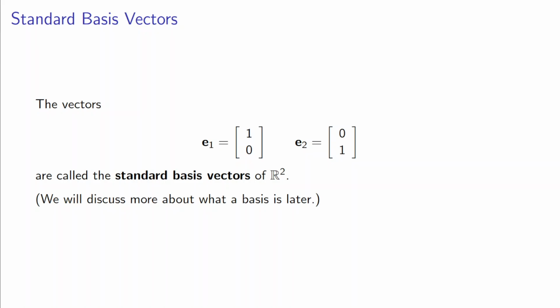This idea of a basis is an important one in our class, but not one that we'll talk about for a little bit, so keep that idea in mind. But for now, when we say vector E1 in R2, that's going to be the vector (1, 0), and the vector (0, 1) in R2 is this E2 vector.